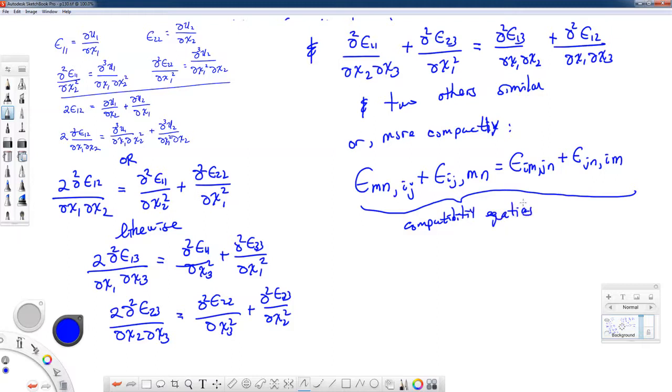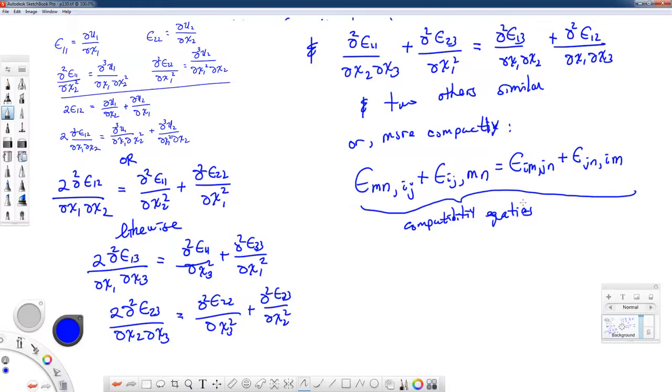Now, what the compatibility equations mean are the same things that we've talked about when we talked about the fundamental assumptions of continuum mechanics. If we have compatible deformations, then we do not have any fracturing of our material in that region, no splitting, no 2 points coalescing into 1 point.